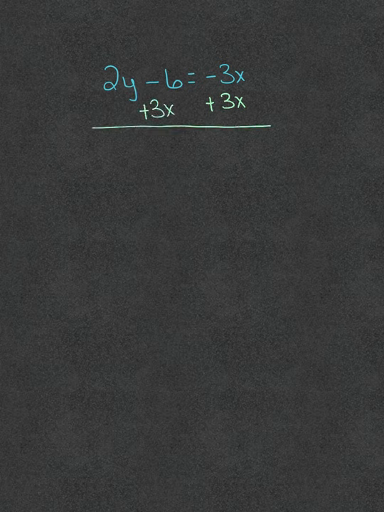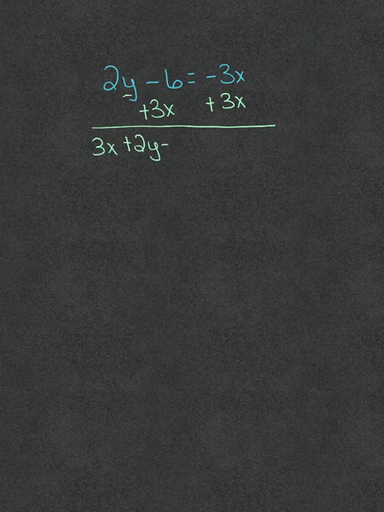Now, as long as I don't get confused and add that to one of my values that doesn't have an x. I can't add it to 2y because they have different variables. 6 does not have a variable, so I can't add it to 3x. So I'm going to have my x comes first, so 3x plus 2y minus 6 equals, that's a 0, so I can put a 0 there.